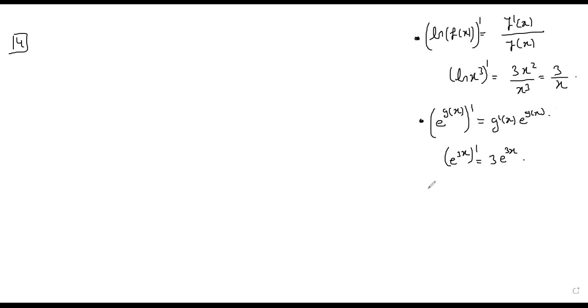And another recall, the last one: we have a to the g of x, where a is some real number greater than 0. Its derivative is given by this, the same as the previous one, but here we have ln of a. As ln of e is equal to 1, we don't write it there, but here we have ln of a.